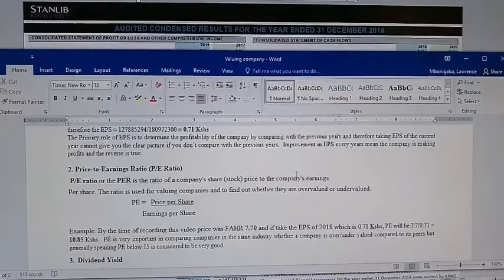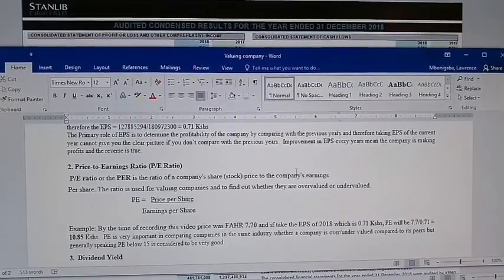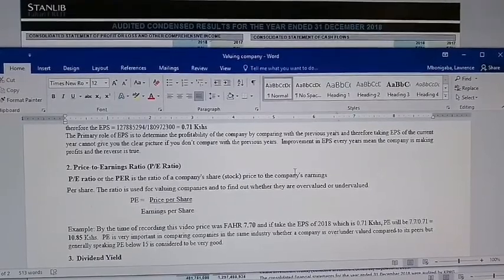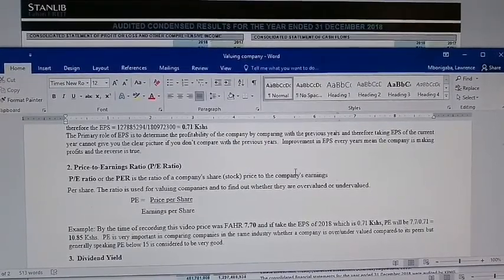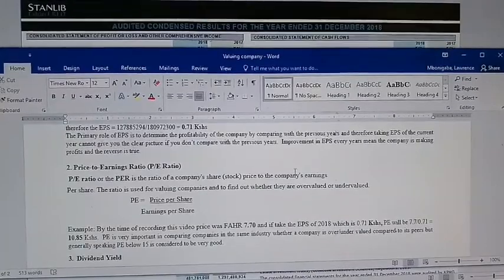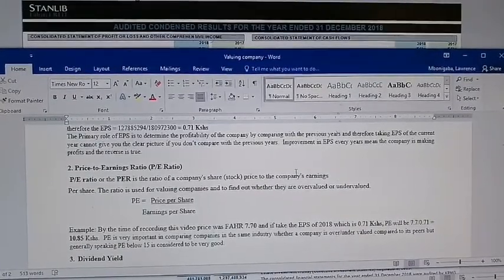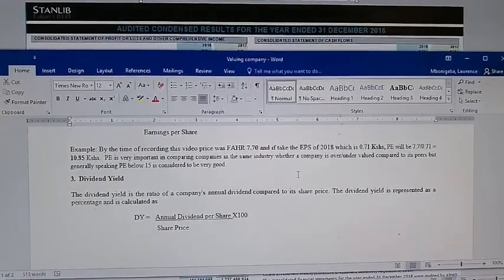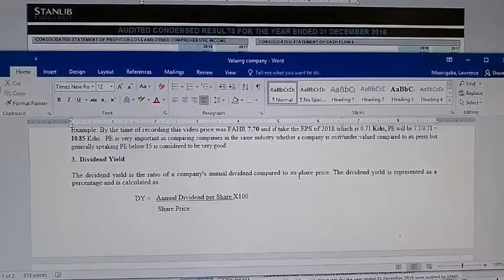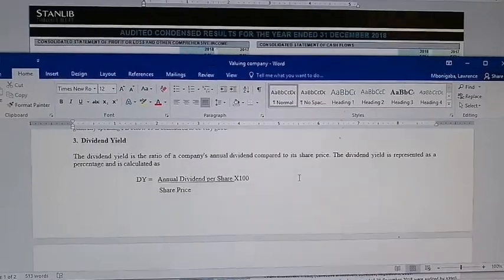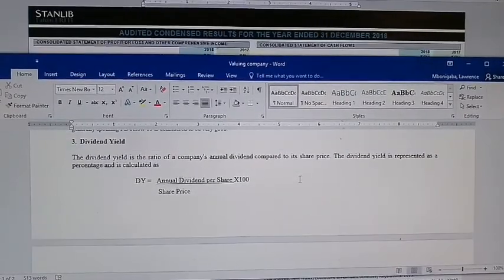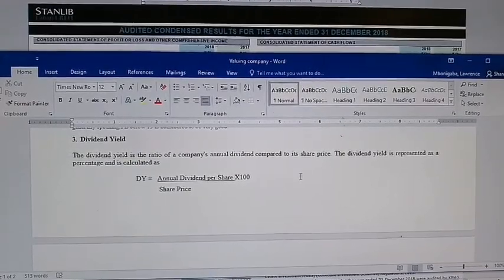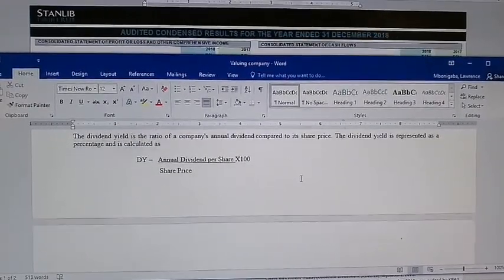Basically, a PE of 10, or below 15, is considered to be good, but below 10 is actually very good. So if you find the company has a PE of below 10, you know that is a very good buy. But take note, you should not rely only on PE, you should also check other ratios, because PE is not the only indicator of good performance or of being undervalued.